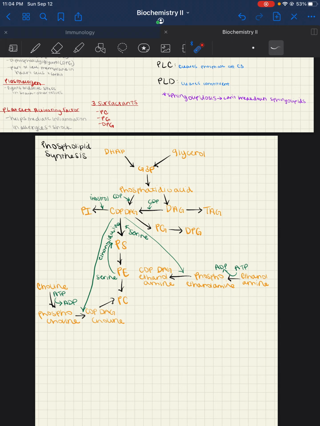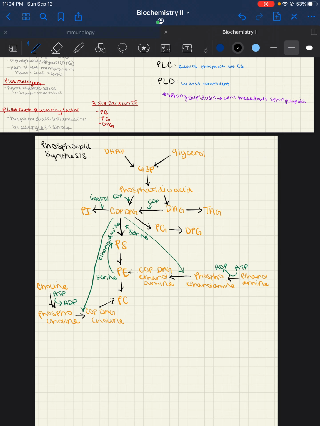Phosphatidylcholine can be made from phosphatidylethanolamine, or it can be made by starting with choline, adding a phosphate and getting phosphocholine, adding CDP to get CDP DAG, and then getting phosphatidylcholine.